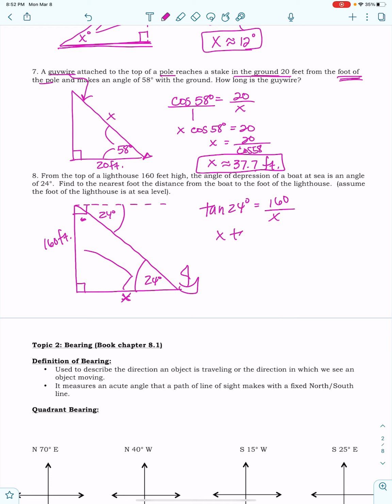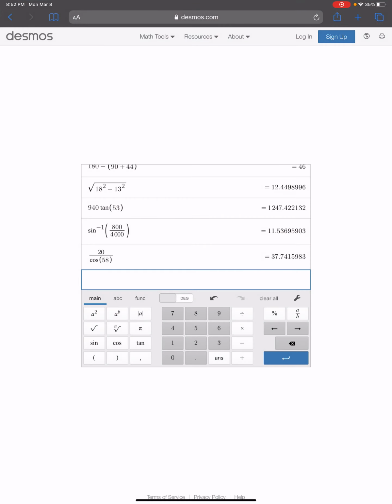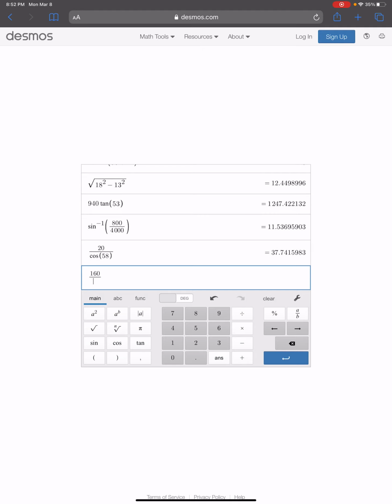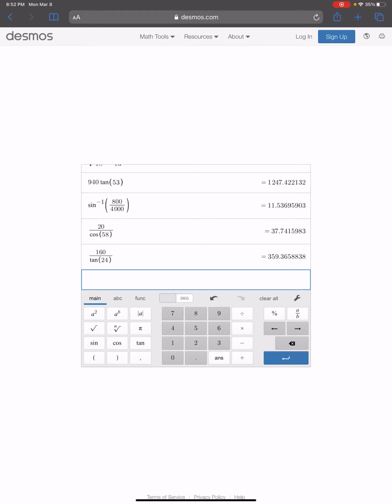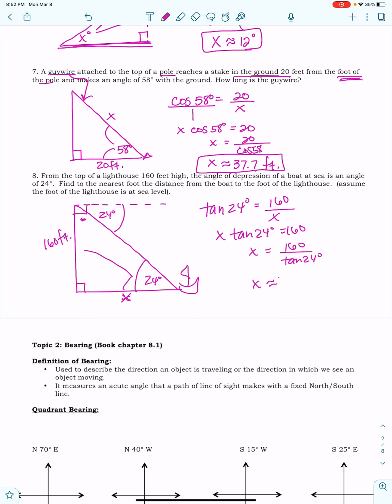Cross multiply. Divide by tangent of 24. X is approximately, I'm going to use the Desmos. So I've got 160 divided by the tangent of 24. 359.4 feet. Magic.